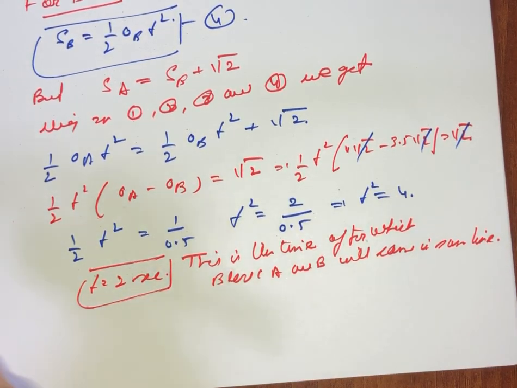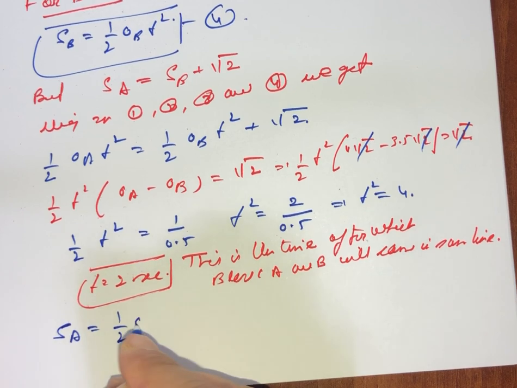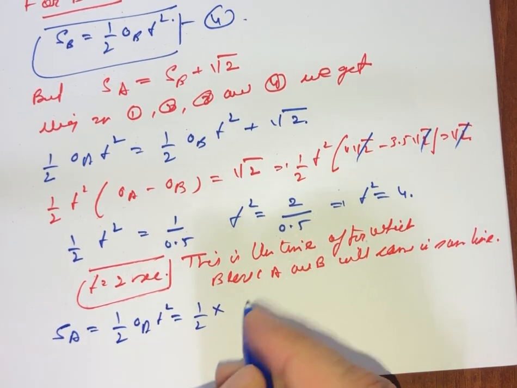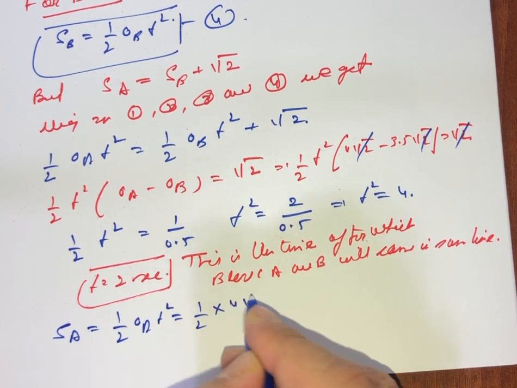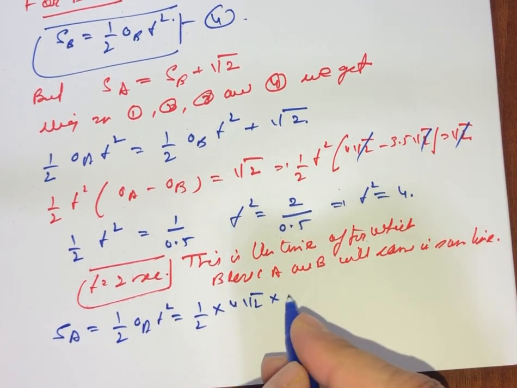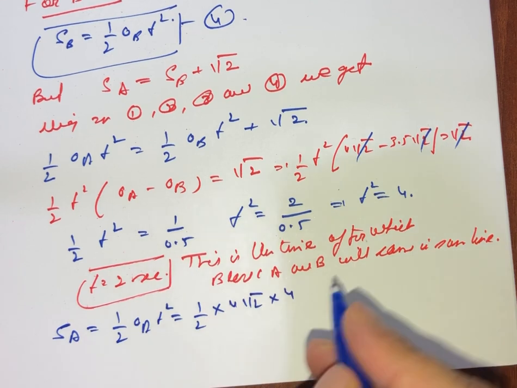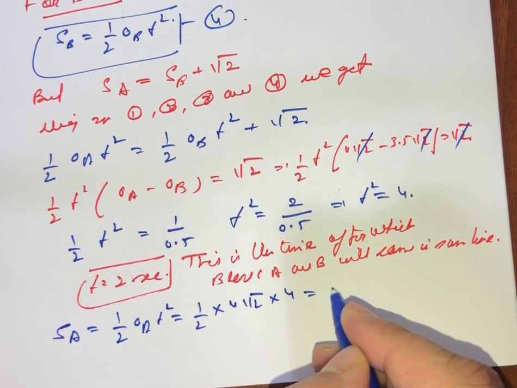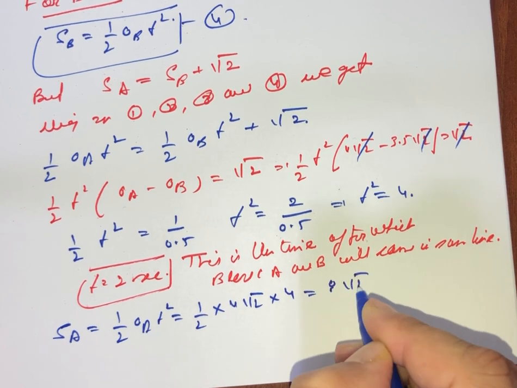That is, our SA is half AA t square. So we get half, acceleration of A is 4 root 2 and t square is 4. So SA will be equal to 8 root 2.